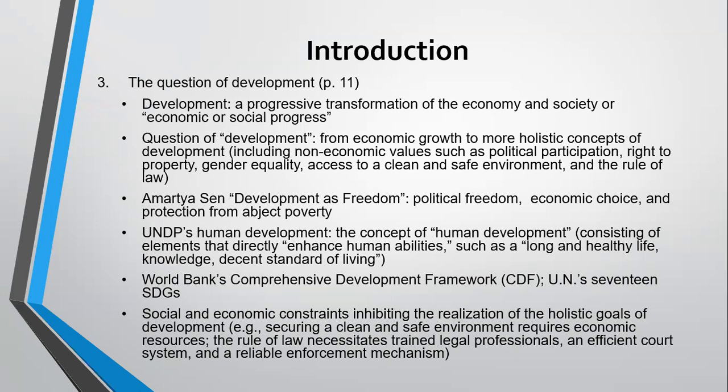For example, securing a clean and safe environment requires economic resources. The rule of law necessitates trained legal professionals, an efficient court system, and reliable enforcement mechanisms. So the question of development is intimately related to securing the resources to realize those goals.